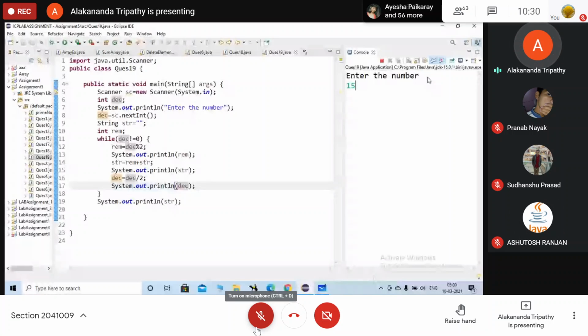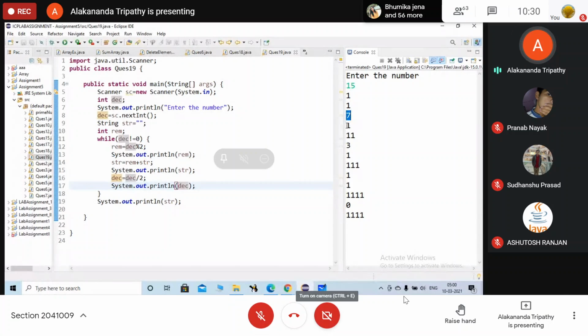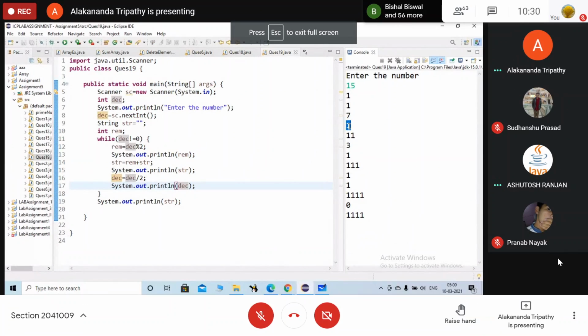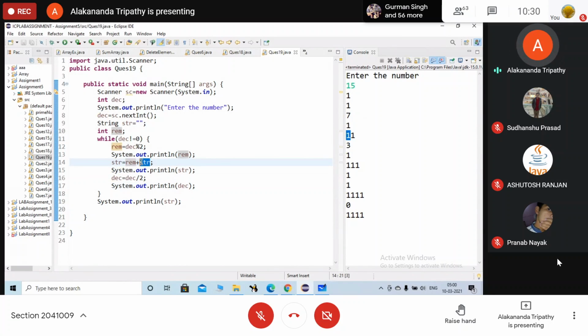पहले कितना आया? What is the remainder? 15 mod 2. Remainder here is 1. Okay, STR में कितना आ गया? 1 आ गया. Then decimal, the number is divided by 2, then it is 7. फिर 7 का रिमाइंडर कितना आ जाएगा? 1. So यहाँ पर कितना आ गया? 1. पहले ये 1 आएगा because here it is written remainder, then it is concatenated with string.